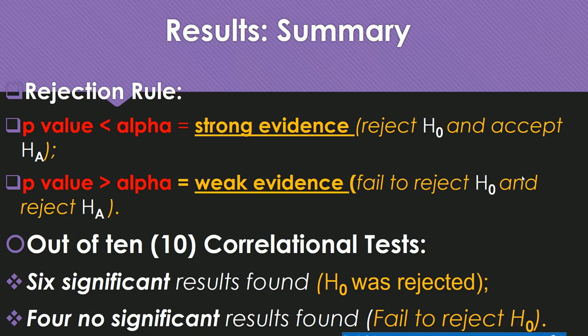Where p-value is greater than alpha, we fail to reject the null hypothesis. In other words, we reject the alternative hypothesis. Out of 10 correlational tests, 6 had significant results which were found, and 4 had no significant results found.